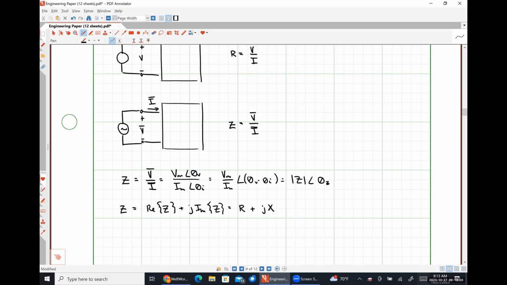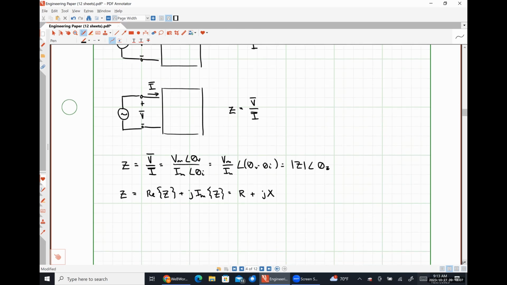The imaginary part, we give the symbol X, which is for reactance. Okay? So this is resistance. This is reactance. And this is just our rectangular form representation of our impedance.